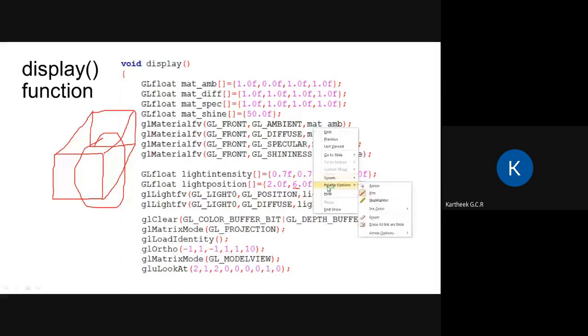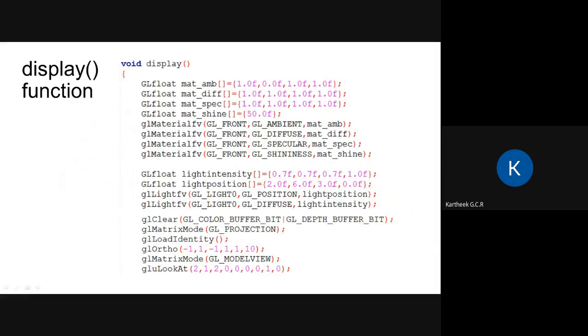You have selected the lighting position. You can change the illumination light intensity. You can change the combination. This is producing equal intensity. You can change the intensity to get different kinds of incident light, right? And you are using glLightfv for light source GL_LIGHT0, which you enabled in the main function.